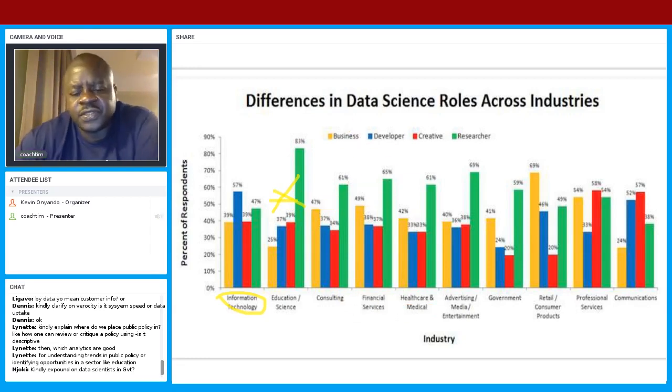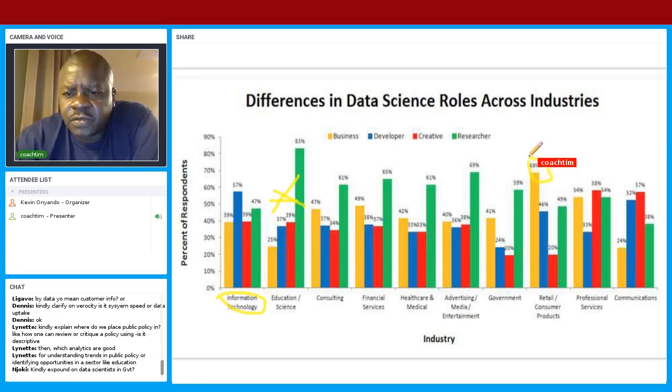In consulting, again, it's also about research. Researching to see what tools organizations are not using and how you fill that gap. Financial services also is about research and discovery. So you can see research cuts across all industries. Retail and consumer, it's about business. Here is the business of turnover, churn prediction.